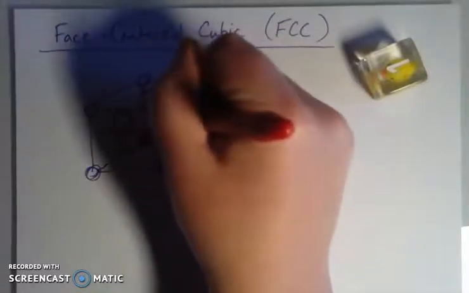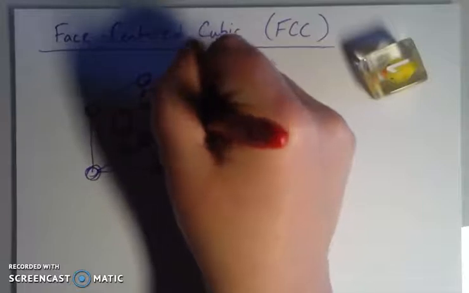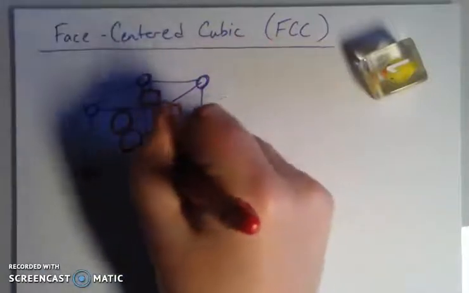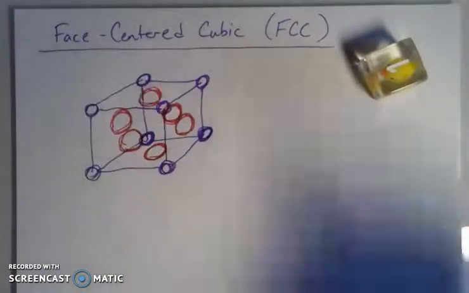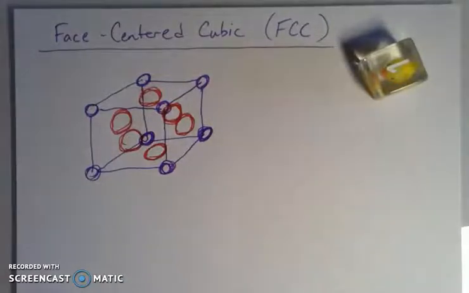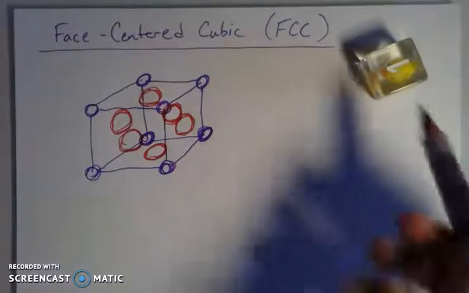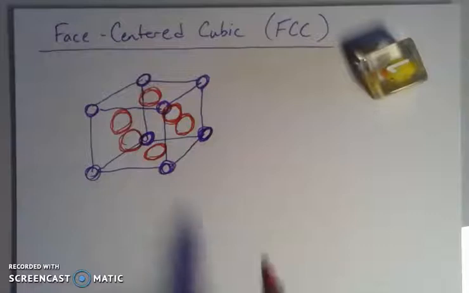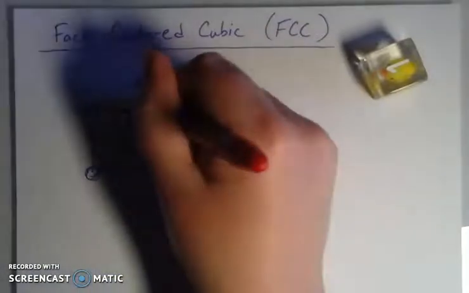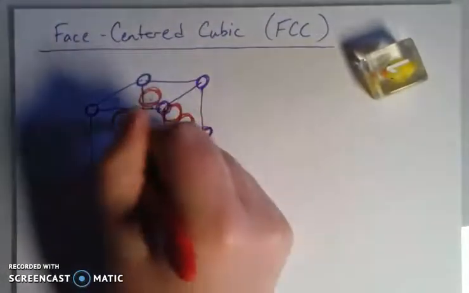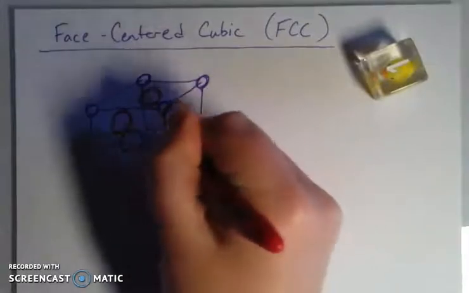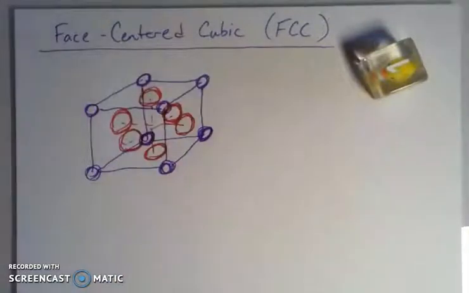These ones on the faces are going to be shared by the neighbor. So you picture a dice that has a 1 on each side, not this kind of one, but like a spot on each side, and these things are opposite each other. Like that. Right? And we have these on each of the faces.